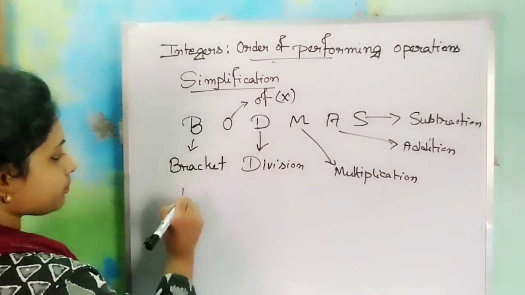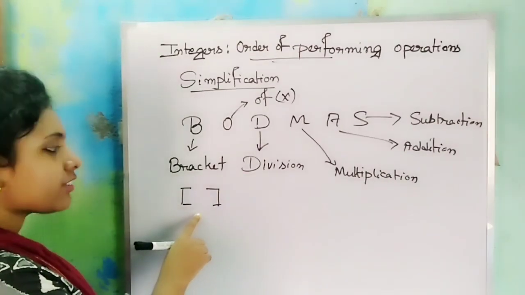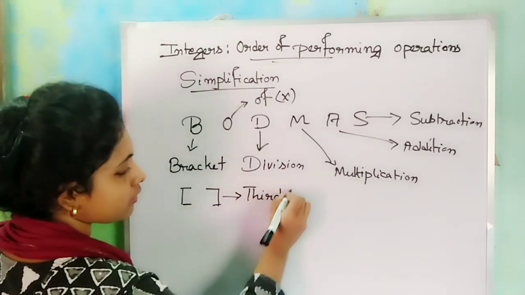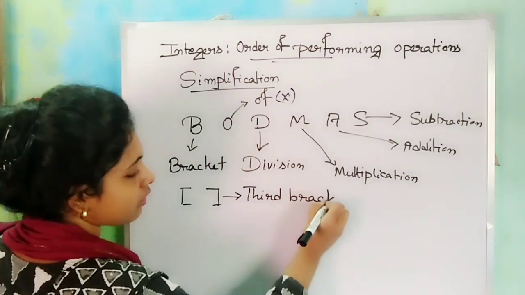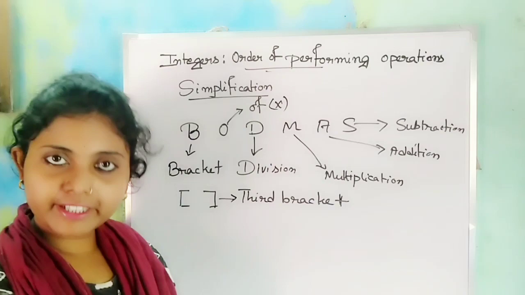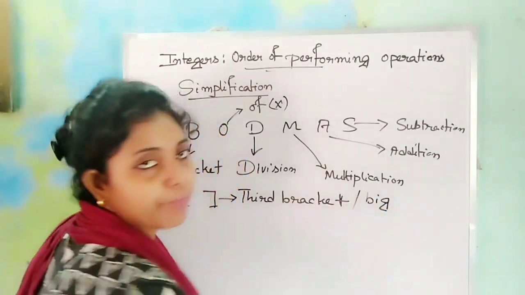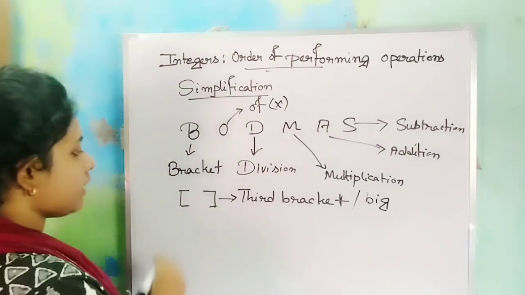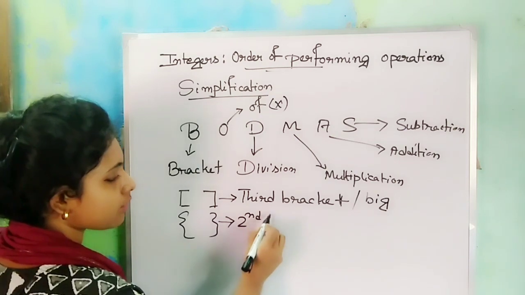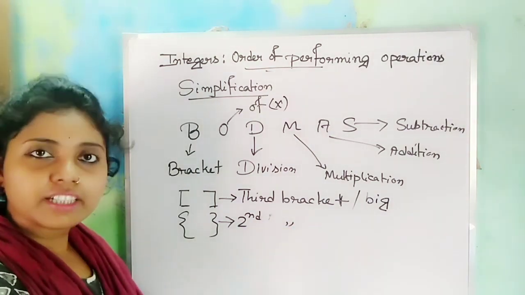There are 4 types of brackets. See, this is the third bracket, also called the big bracket. Next, this is the second bracket, called the curly bracket.